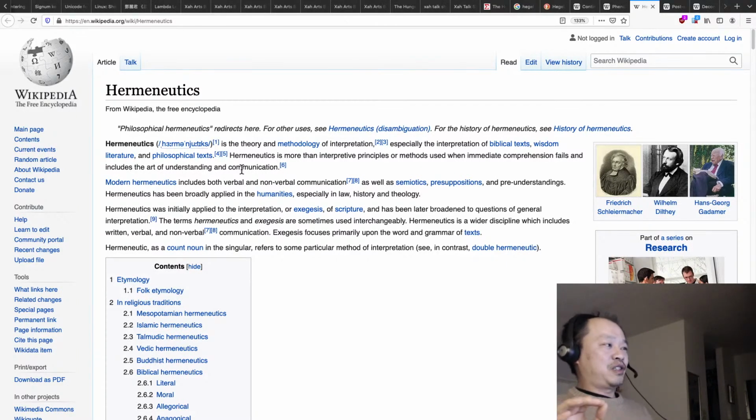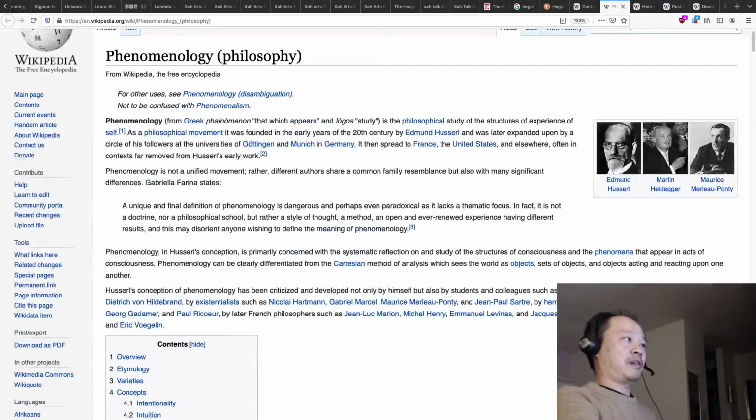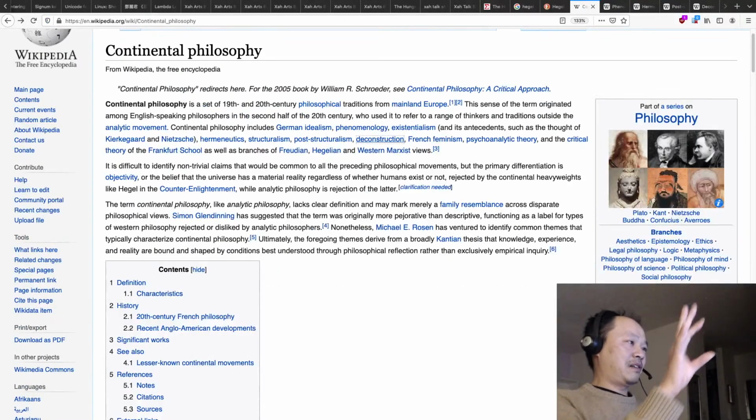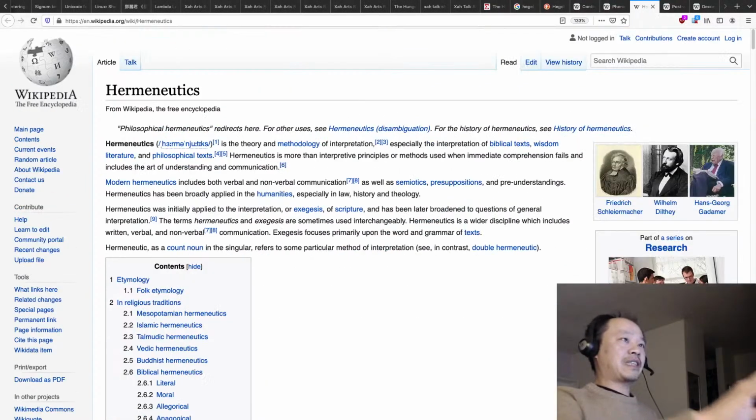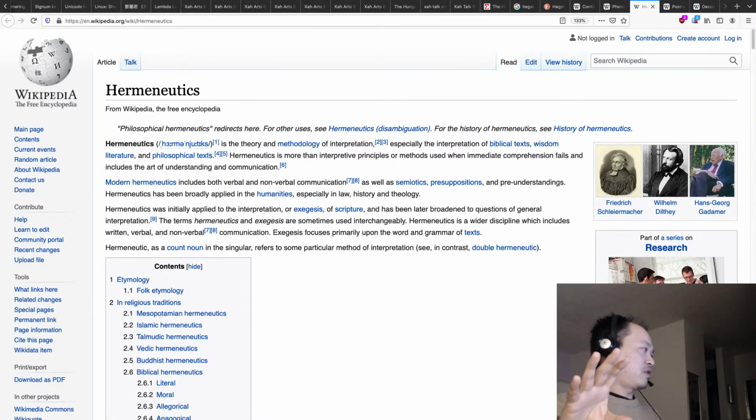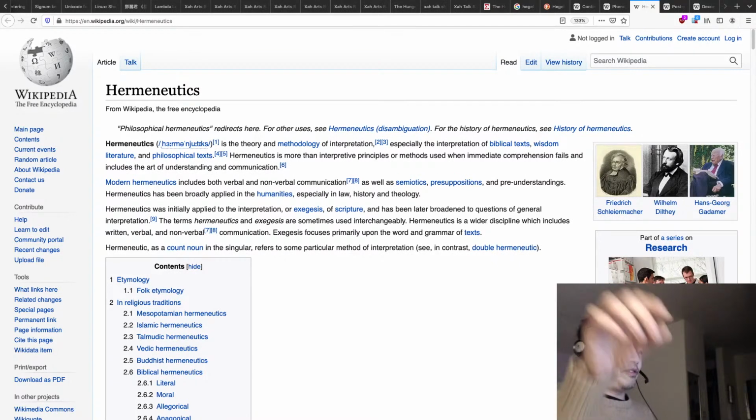The essence of hermeneutics, just like I said before about many of these social justice philosophies, is this. Suppose you read a book, let's say the Bible. It's patently false. It's a lot of bullshit. They say man is created from a woman's rib. God pulls a rib out of Adam and creates Eve from it.